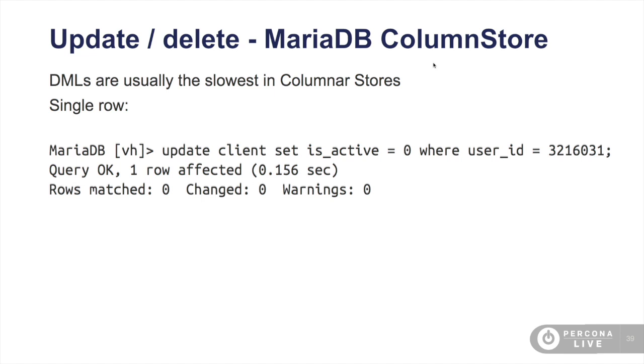So we can do a single row update, for example. One of the reasons that I didn't want to bring the client table into the column store is because this is not static. If you think about this, client visits, client procedures, and medical bills are sort of append only.